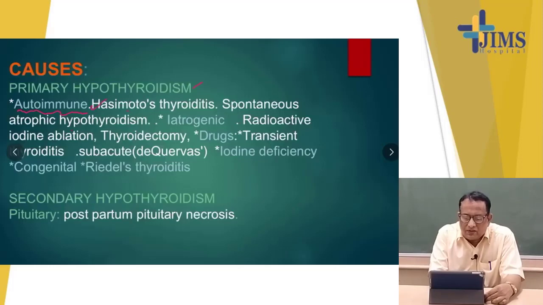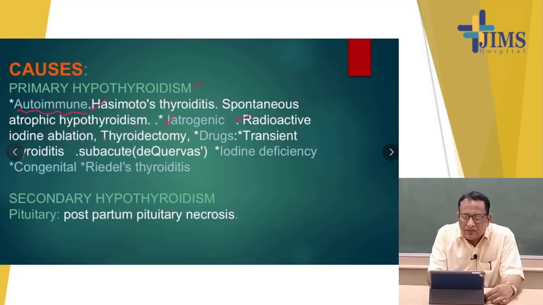Then spontaneous atrophic hypothyroidism. Then iatrogenic causes. That means this cause is by the doctors who are causing hypothyroidism. A patient has got hyperthyroidism or Graves' disease, we are giving radioactive iodine ablation, and if the amount is more, as a result we are causing hypothyroidism.